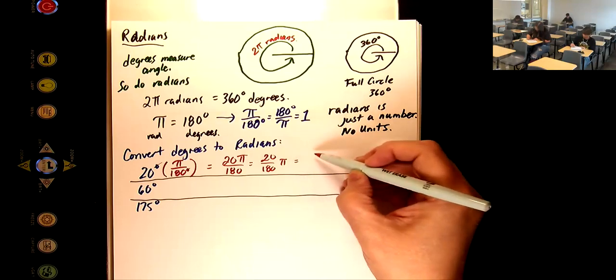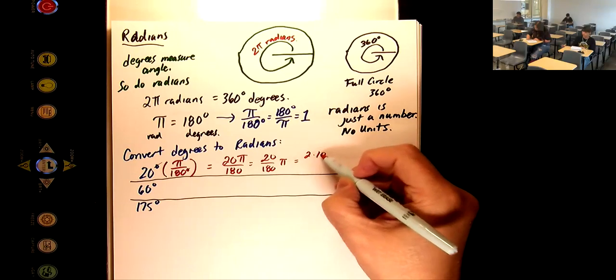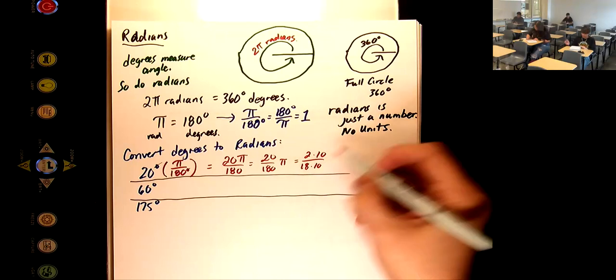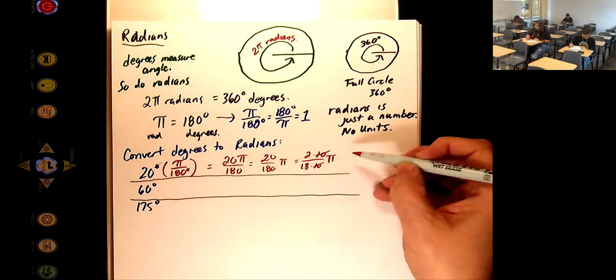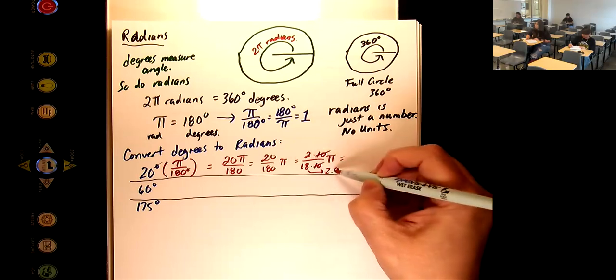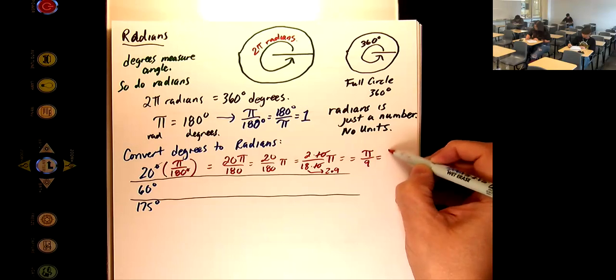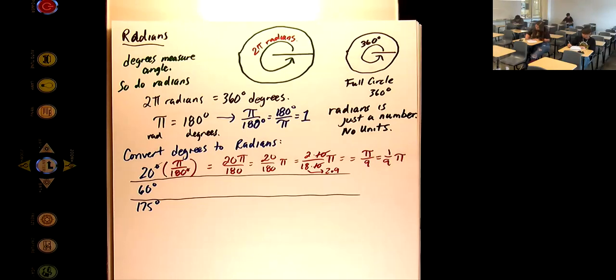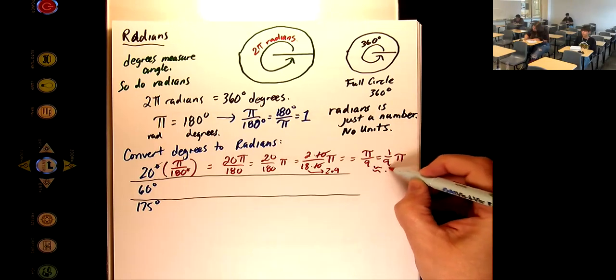And 180 is, I could do this as 2 times 10 over 18 times 10. And the 10s clearly cancel. And 2 over 18, 18 is actually 9 times 2, so I can cancel the 2's as well. And I get pi over 9, or 1/9 pi. And if you put that in a calculator, this is approximately 0.349 radians.